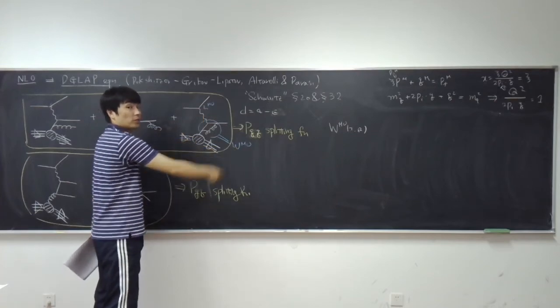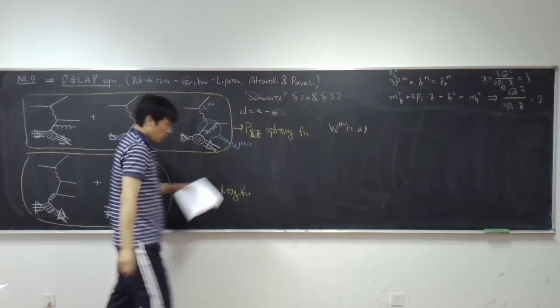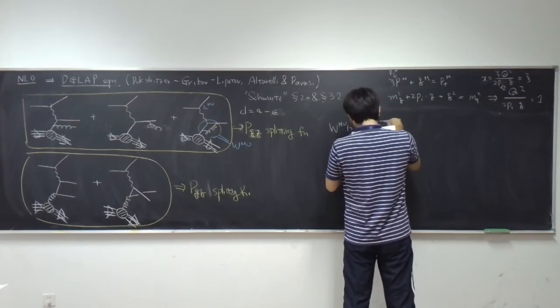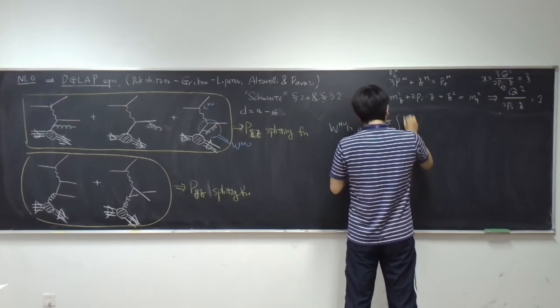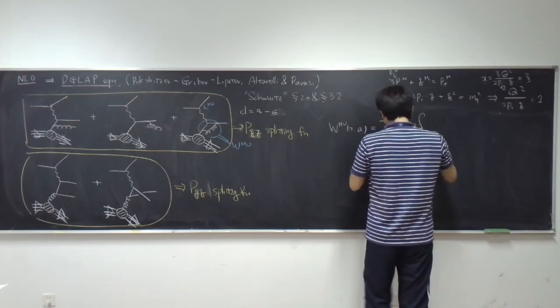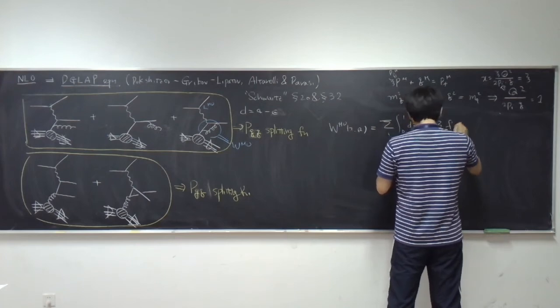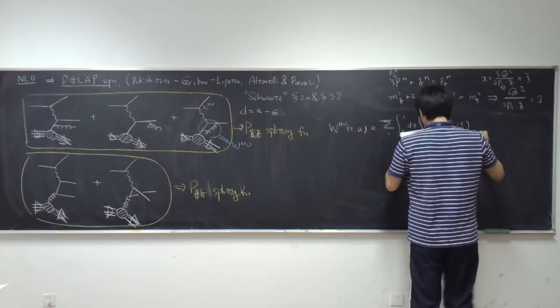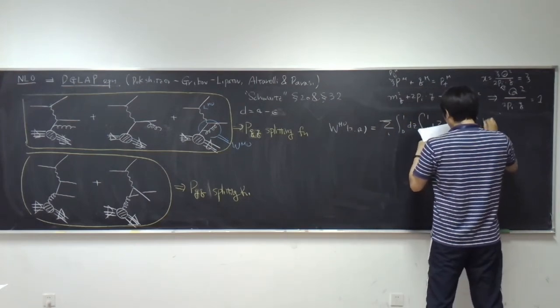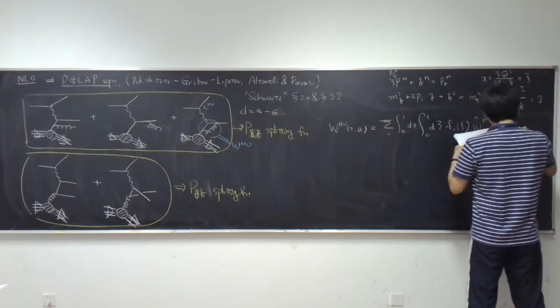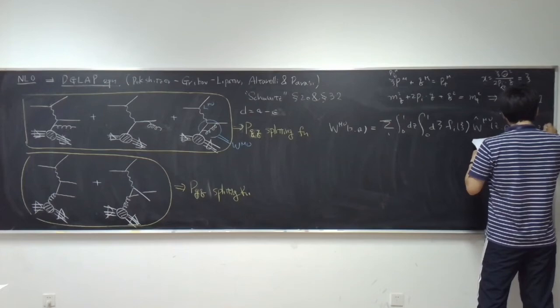So we are going to evaluate W^{mu nu}, which takes the following form: a sum over i of the integral from 0 to 1 of dξ, f_i, the parton function, times W-hat^{mu nu}, times delta of x minus zξ.